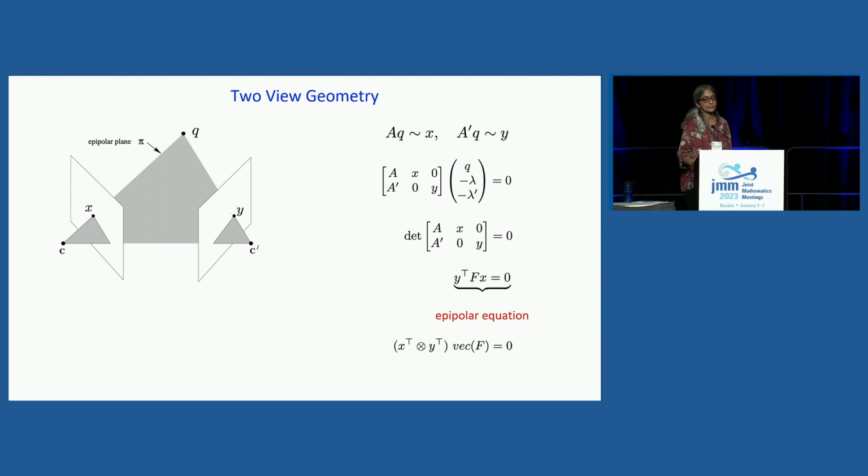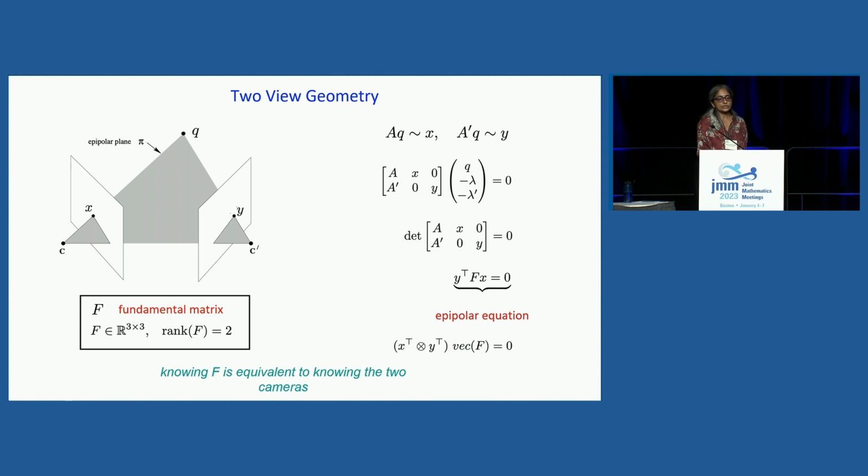So this is the epipolar equation, either in the form Y transpose Fx equal to 0, or in the second form in terms of Kronecker products. Okay, so I am abusing notation a little bit in all these slides. So X and Y in the beginning were points in R2, but when you see them like this, they have been homogenized. So I'm using the same notation whether the point is in R2 or in P2.